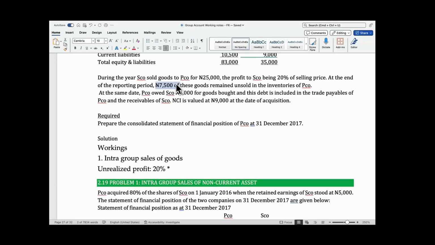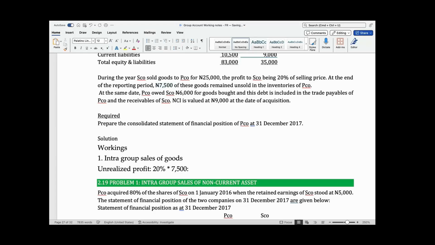That means that it's not the entire profit that is unrealized. There's a portion that is realized. So even though, yes, the original transaction happened between the two of them, but now that they have sold the good out of the group, then that profit becomes realized. The only portion of the profit that is unrealized is to the extent of the goods that remain unsold, which is valued at 7,500.